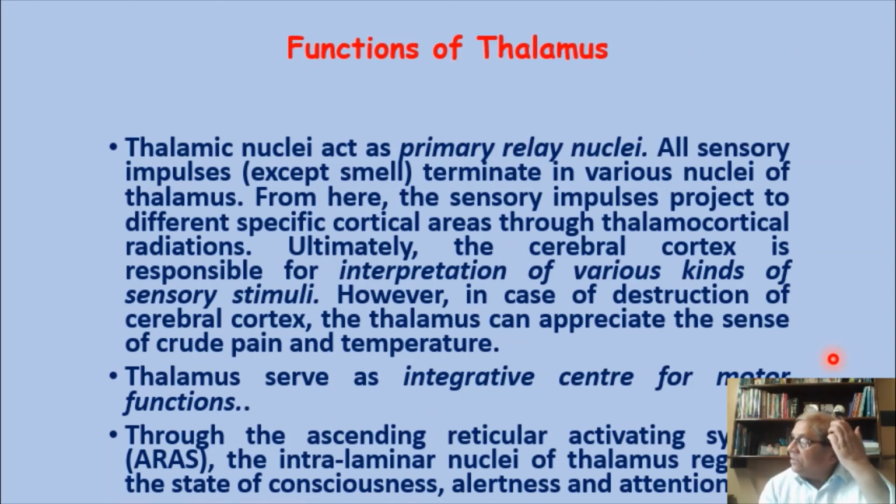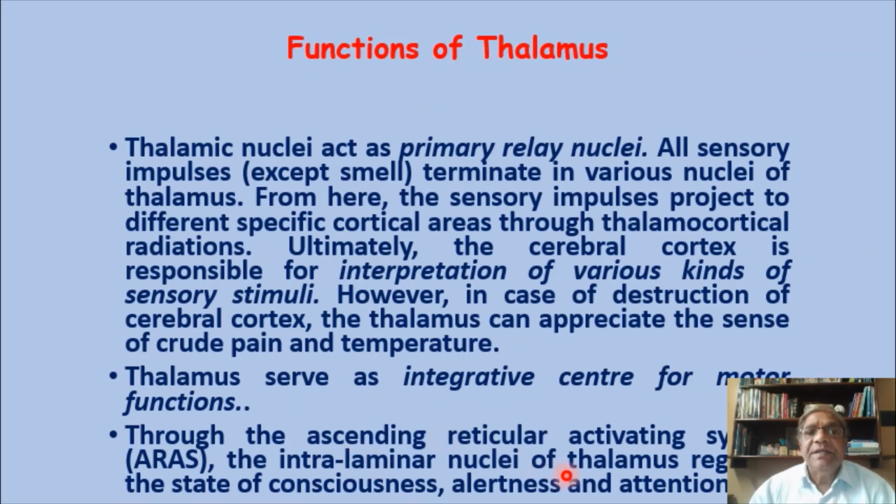Otherwise, the main planning takes place in the frontal lobe, but here it is the integration of whatsoever motor impulses are coming for motor activity, it may be from the cerebellum, may it be from the lower extrapyramidal parts of the nervous system. This is ultimately relayed into the frontal lobe for the planning.